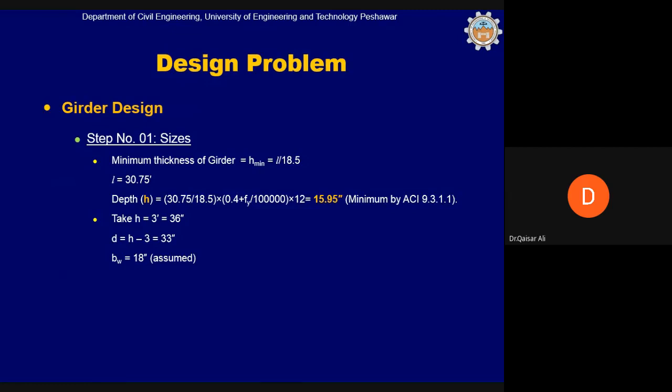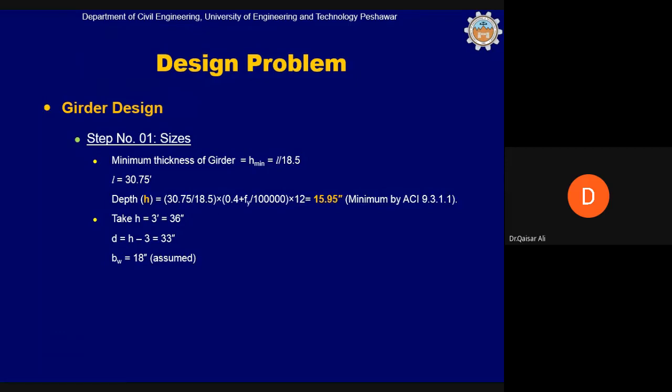In the detailed approach and in the routine design practice that we do in our design projects, in the beginning we assume a depth. Since we are designing beams regularly on a daily basis, we know what depth is required for a particular span length of the beam.